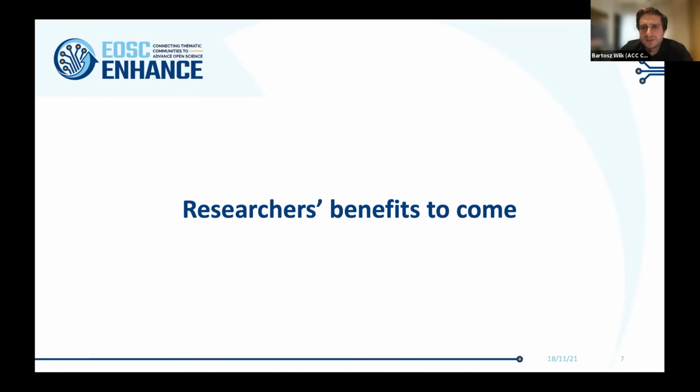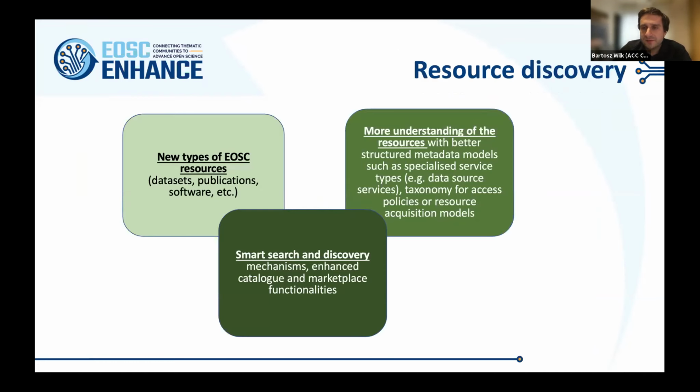So what are the researchers' benefits that will come from the platform itself? It's a very difficult task to put it in a 15 minute presentation, but it all starts from the resource discovery. First of all, we will have new types of EOSC resources, being datasets, publications, and software. We'll also have more understanding of the resources by better structured metadata models, such as data source services, taxonomy for access policies, or resource acquisition models.